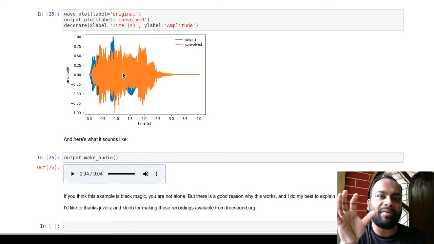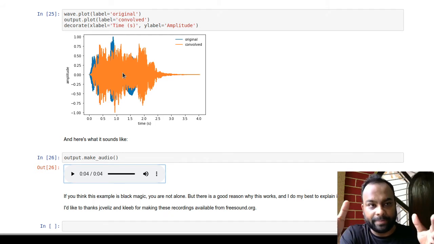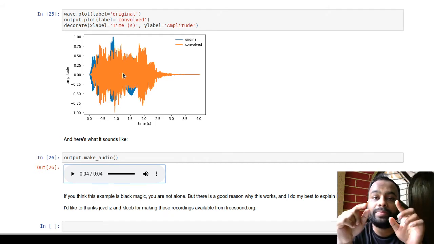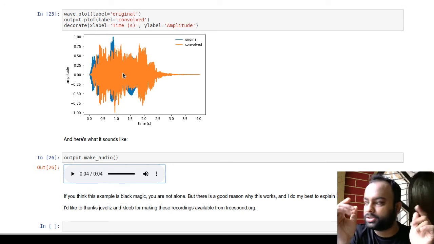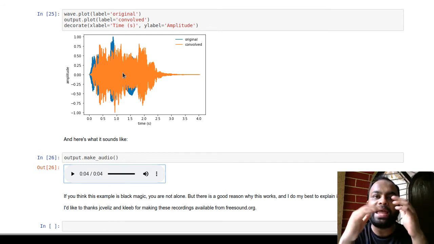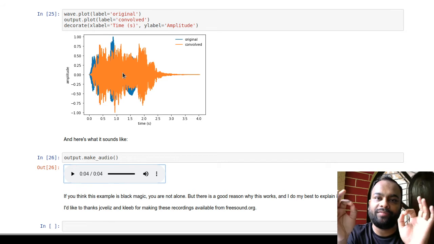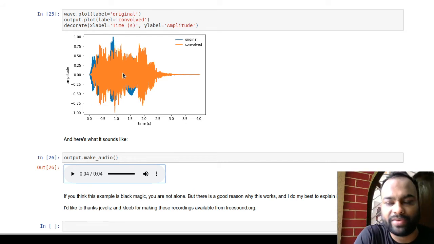Because the theory of systems would tell me that as long as I have the impulse response of a linear time invariant system, I have the entire behavior of the system at my fingertips. So that's how things really work in the linear time invariant domain.